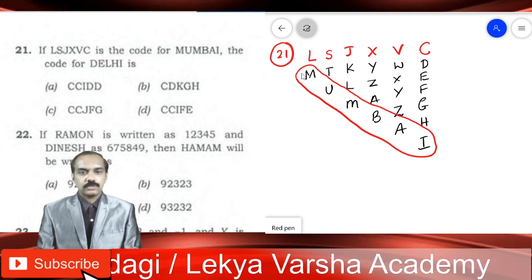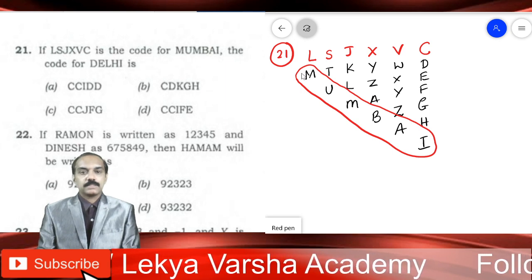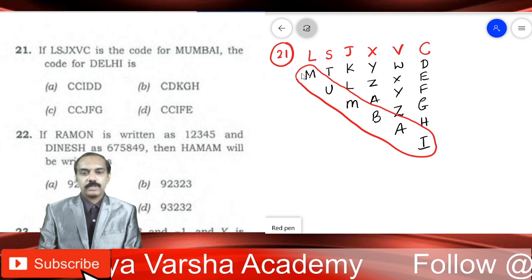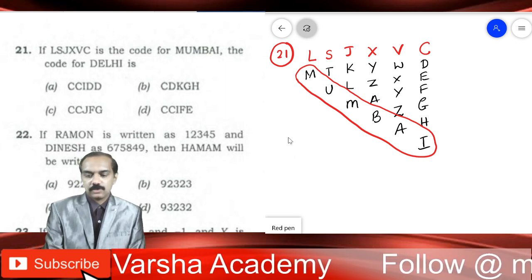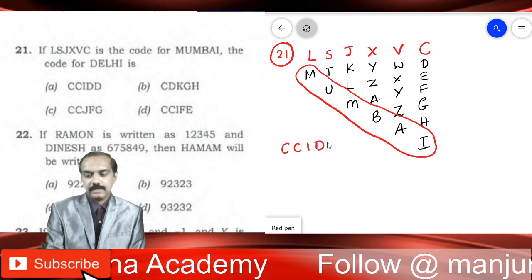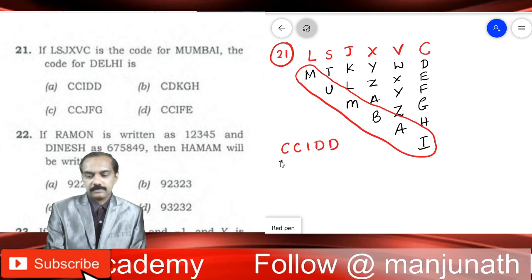Now use the same logic for Delhi. And he is asking us to find out the code for Delhi. If you go by the first option, it is C, C, I, D, D, right? After C, D will come.